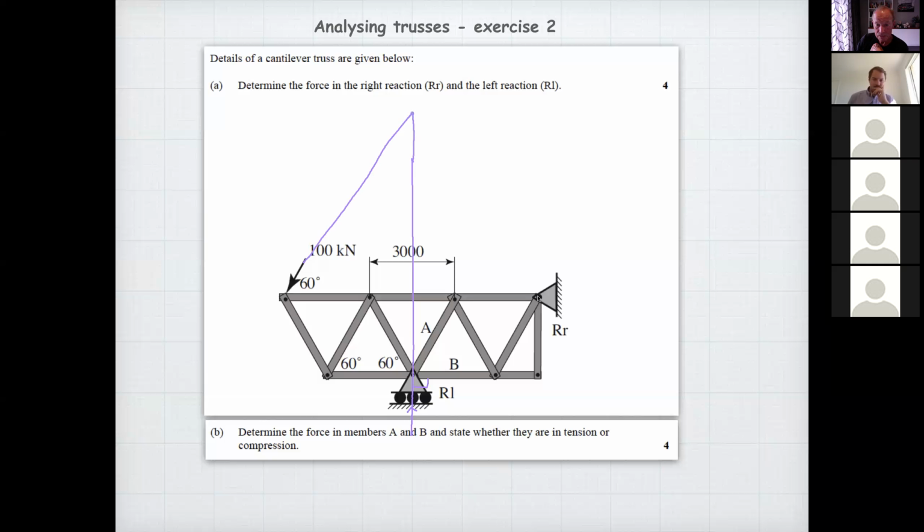And so this force here has to go through that point. Now, you know that this force is going down there like that, and we're not quite sure whether this force goes up or down, so we'll give that a miss for a while.